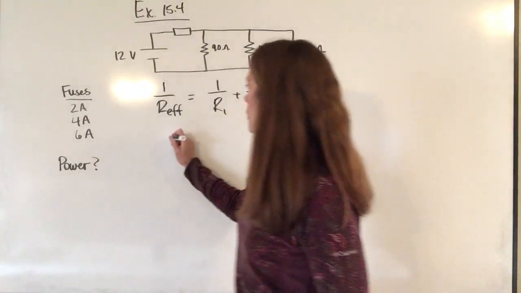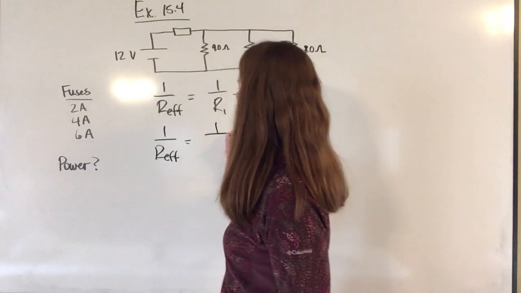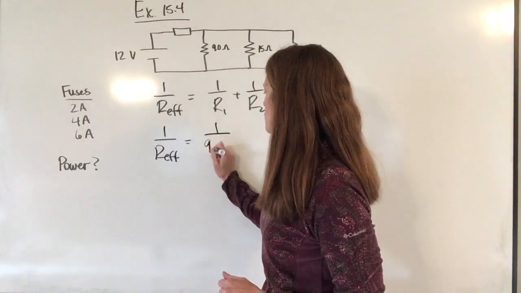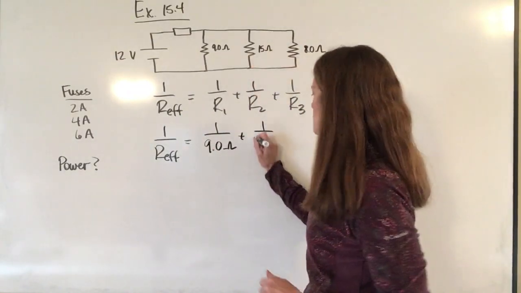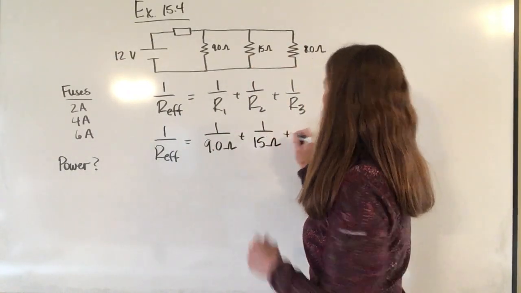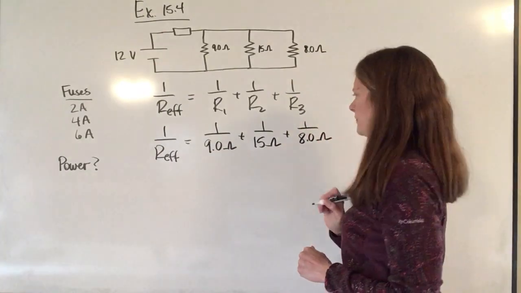Okay, so therefore 1 over the effective resistance is 1 over the first resistance, which is 9 ohms, plus 1 over the second resistance, which is 15 ohms, plus 1 over the third resistance, which is 8 ohms.